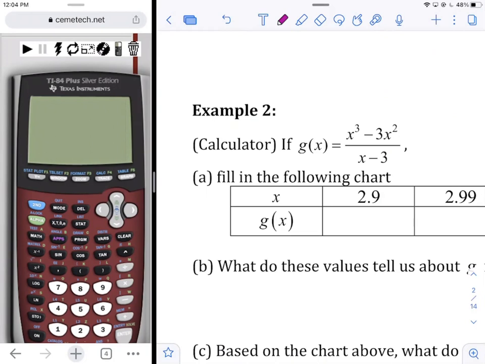It's like, ooh, if 3 is the only value not in the domain, that means that this function's graph lives to the left of 3 and it lives to the right of 3, but not at 3. I wonder what's going on then in the neighborhood of 3, right?